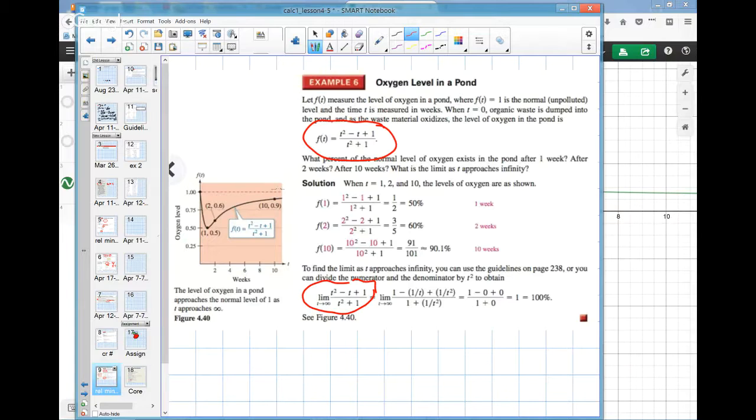Therefore, the limit as t approaches infinity should be equal to the ratio of the leading coefficients, which is 1 over 1, and that's 1. By the way, that represents 100%. So even though we don't know anything about the curve, we can take a limit like that quite quickly, and we don't even need to do a lot with pen and paper.